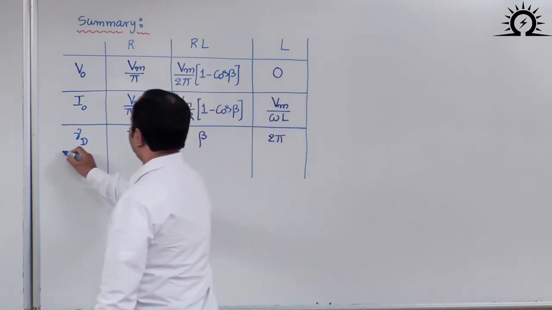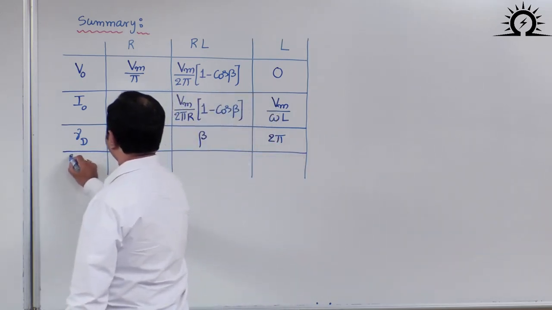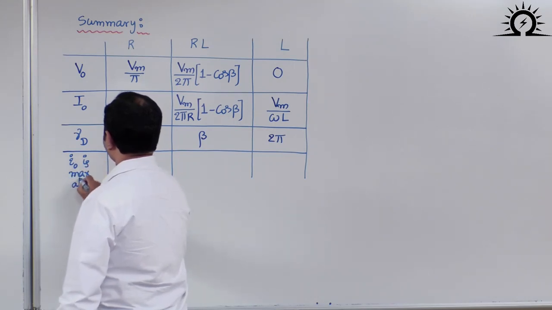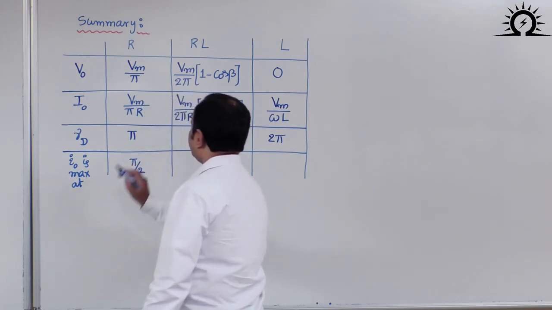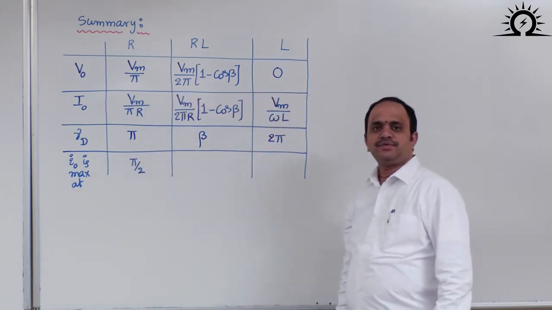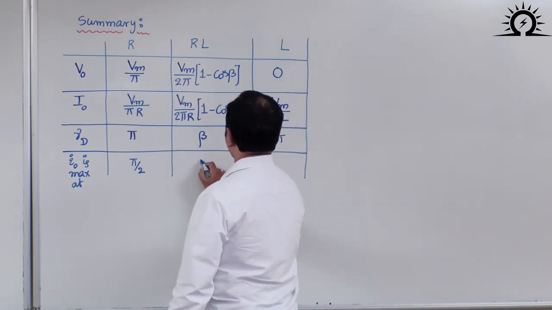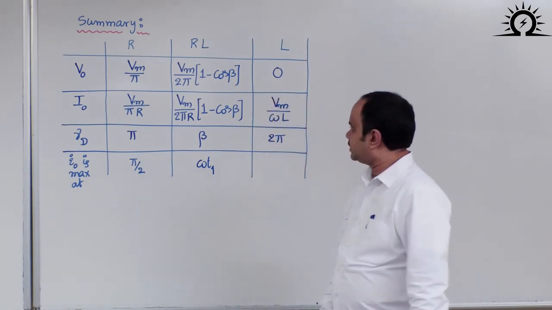Next, another comparison is that i naught is maximum at omega t equal to pi by 2 in case of resistive load, whereas in RL load this was maximum at omega t1.